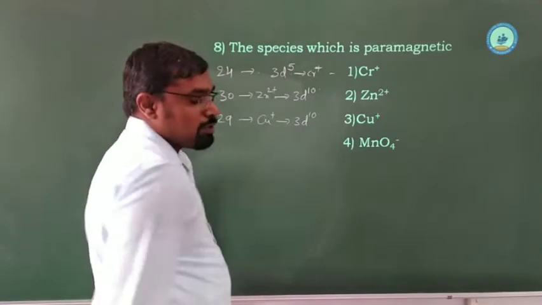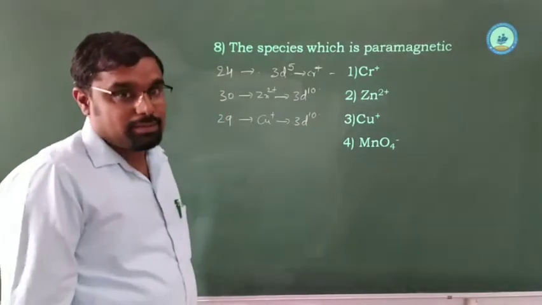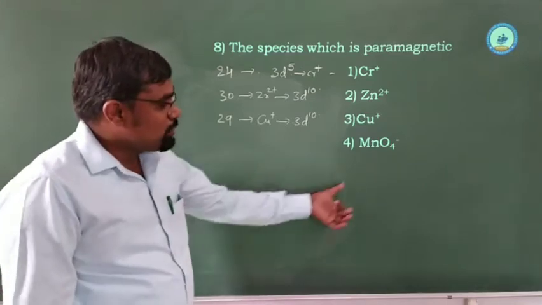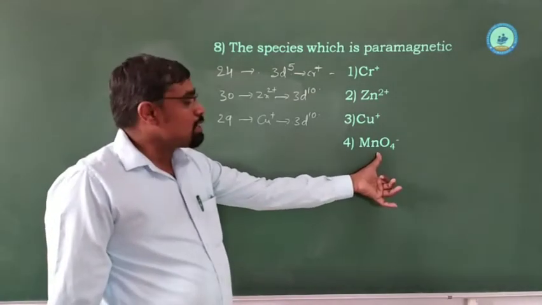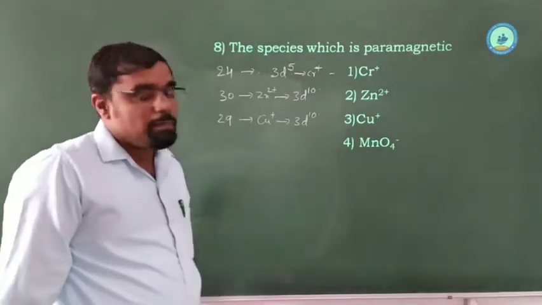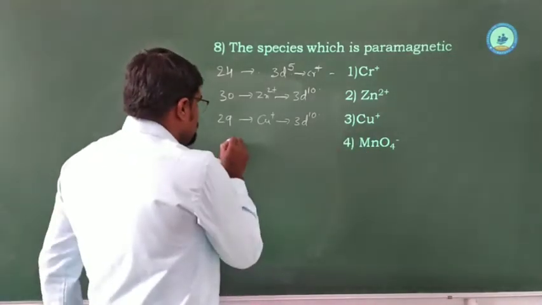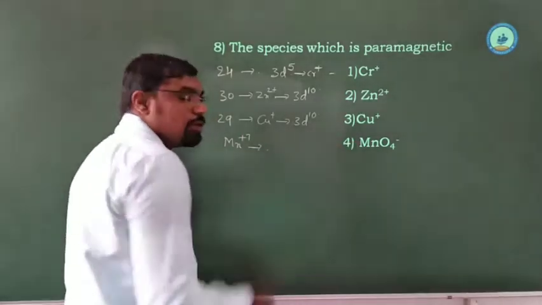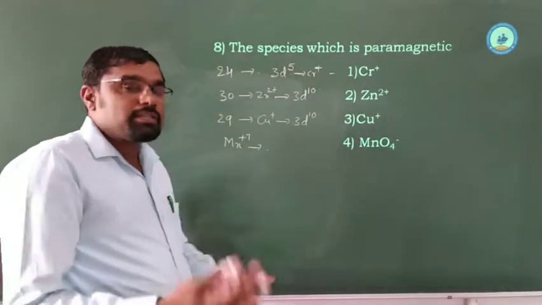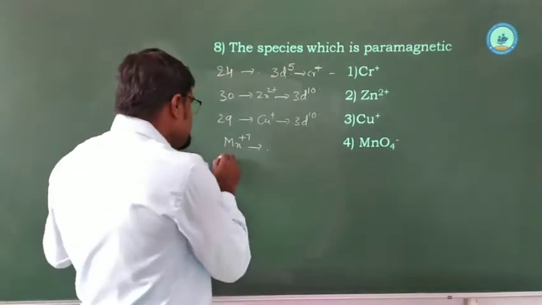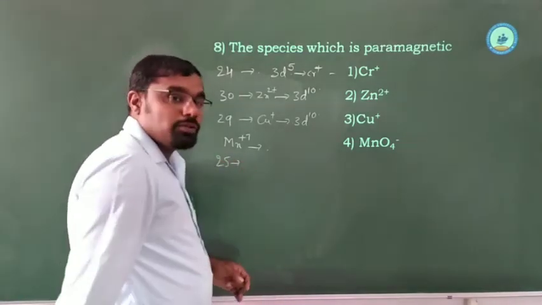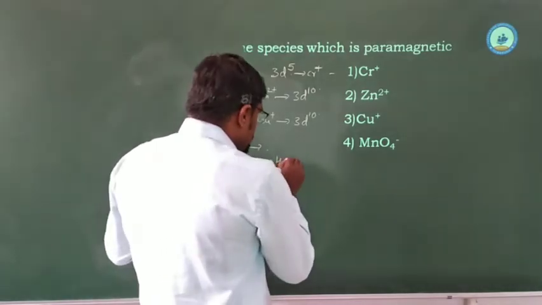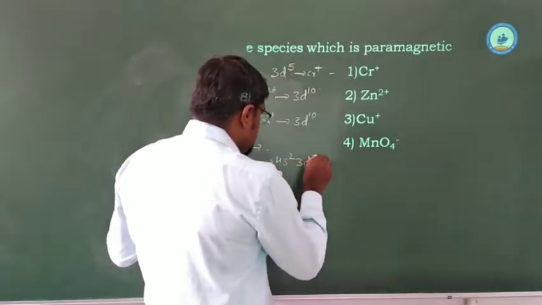And here we see MnO4 minus. This is the permanganate ion. You know how to calculate the oxidation state. So what is the oxidation state of manganese here? +7. So Mn +7. The atomic number of manganese is 25. If you write the electronic configuration, that is 4s2 3d5.